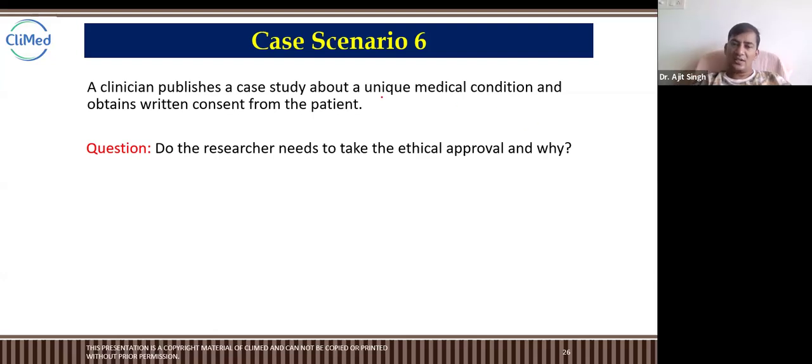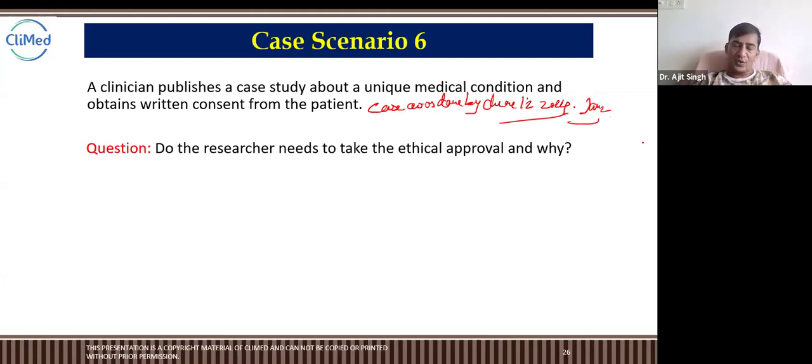In addition, the case was done by the clinician in January 2024, almost 1.5 years back. Does the researcher need to take ethics approval?